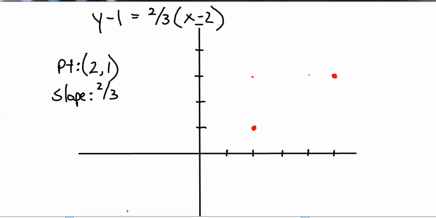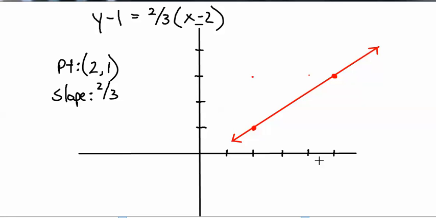Rise 2, run 3, put a line through it. Okay. Any questions on graphing it?